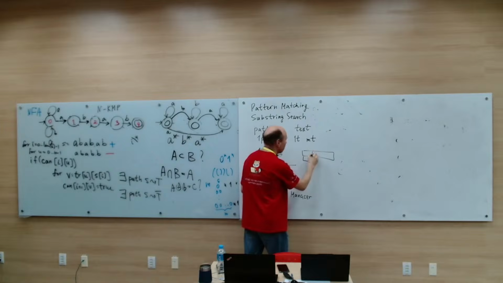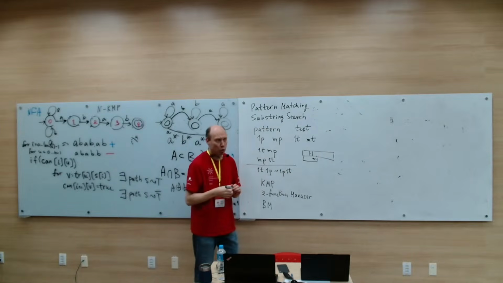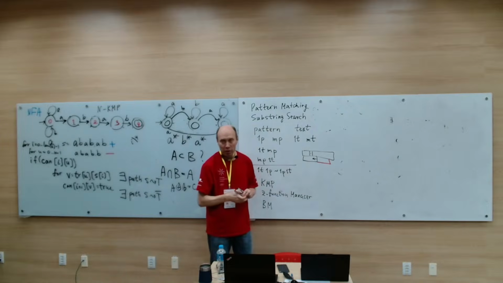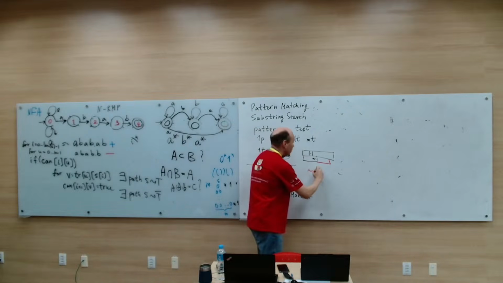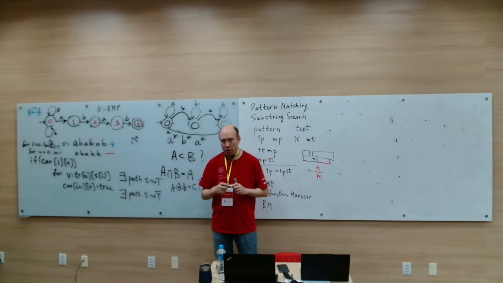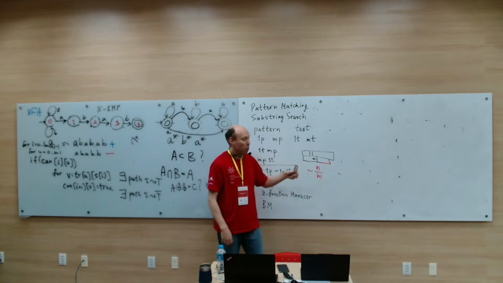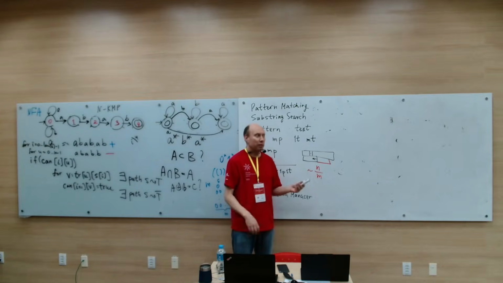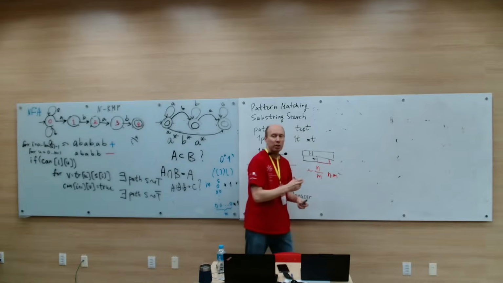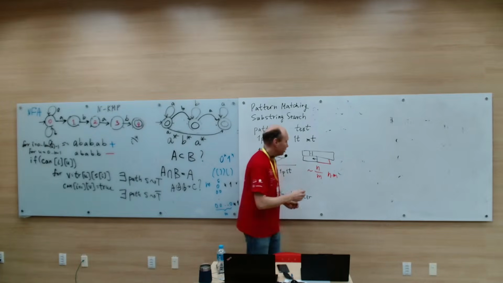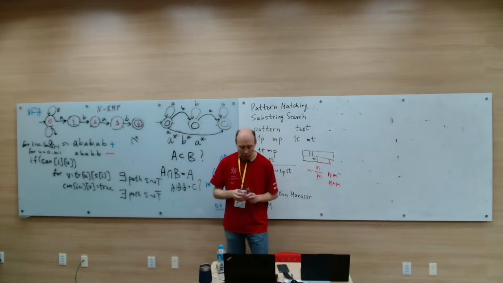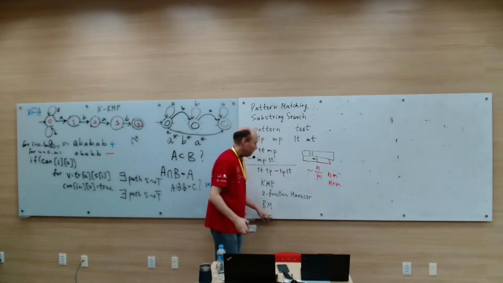You match like this, and you find some mismatch that gives you so much information that the next time you try the pattern it is shifted far, and this can lead to text length divided by pattern length. The naive realization gives this in the best case, but this in the worst case. But you can make an advanced realization which has this in the best case and this in the worst case.